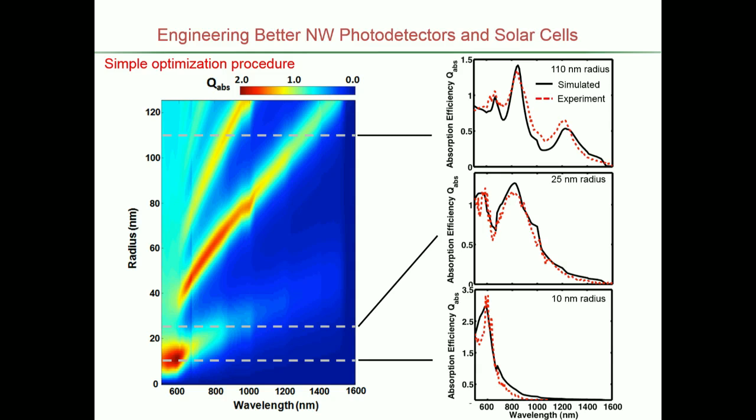And you can see that these features tend to be linear bands, nicely mapping our intuitive resonance condition, that we need to get a resonance where we can enhance absorption exactly when we fit an integer number of wavelengths around the circumference. So there's a linear scaling between the radius of the wire and the wavelength where we get the strongest light absorption.